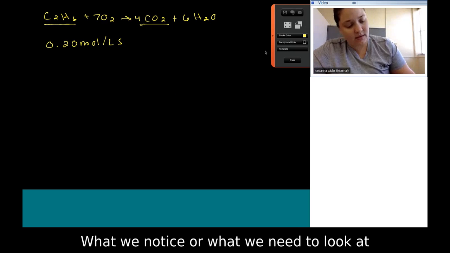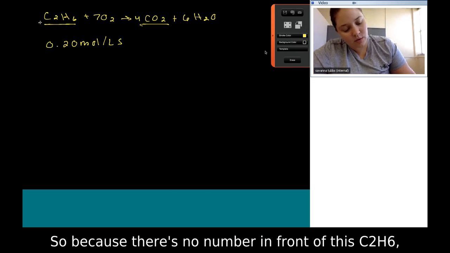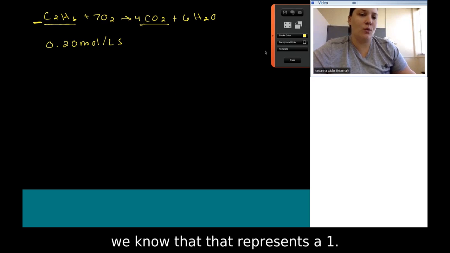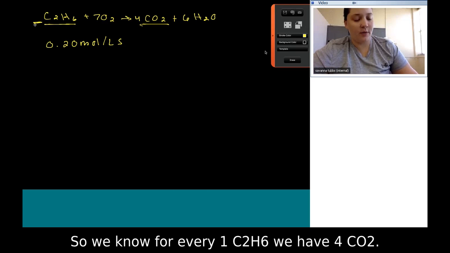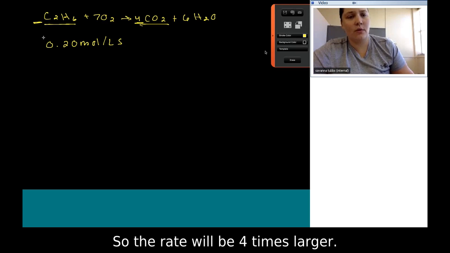What we need to look at is the coefficients for both. Because there's no number in front of the C2H6, we know that represents a 1. So for every 1 C2H6, we have 4 CO2. So CO2 is going to be 4 times larger than C2H6. So the rate will be 4 times larger.